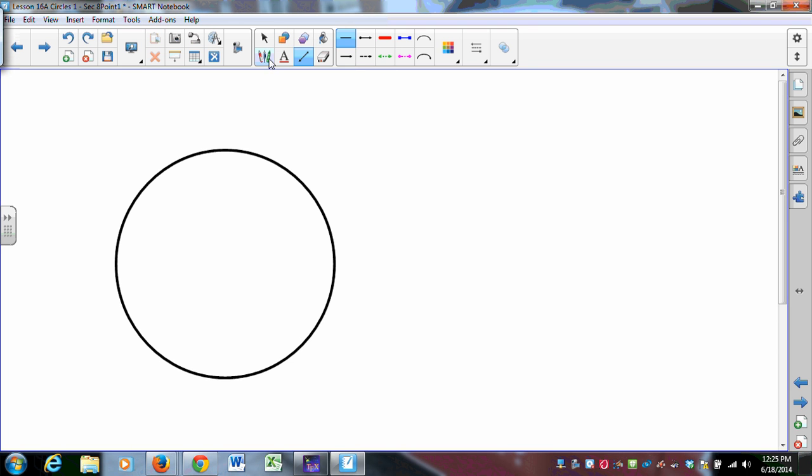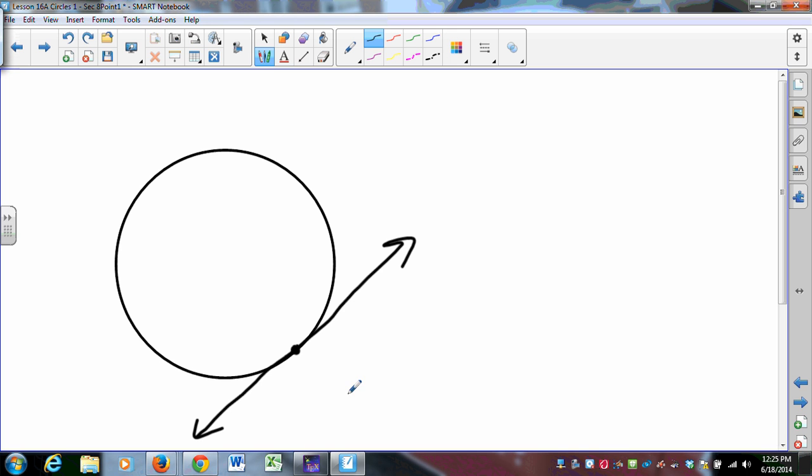If I have some line tangent to the circle, there is one point of intersection, P. Then it must be that the radius OP is perpendicular to line L. It must be. If the line is tangent to the circle, at that point of tangency is a right angle.